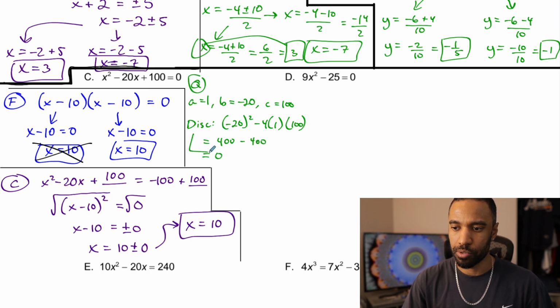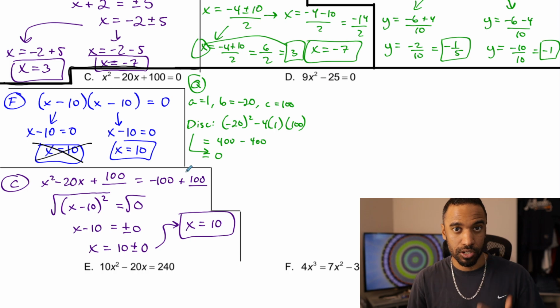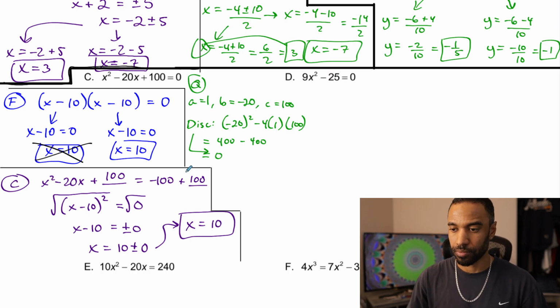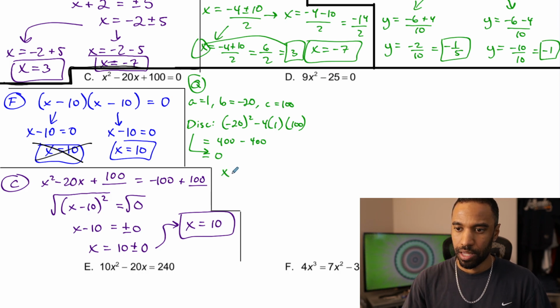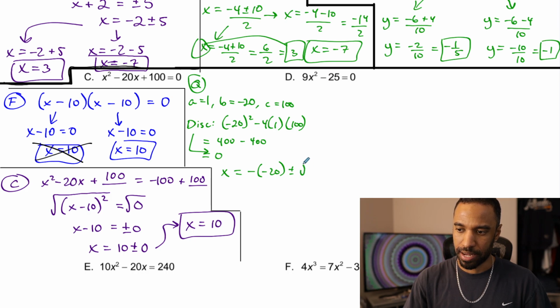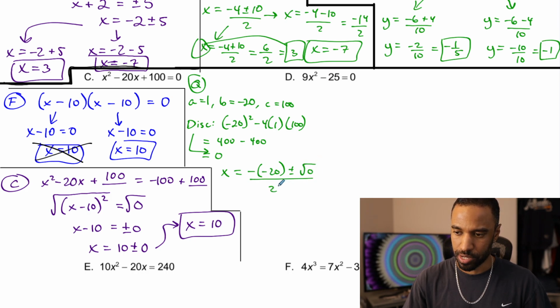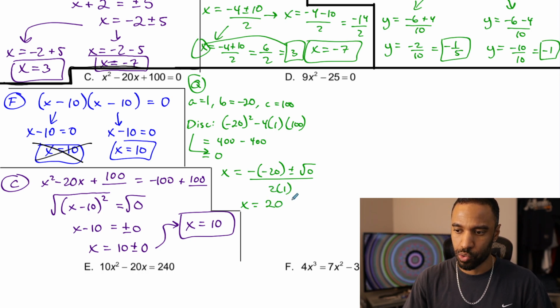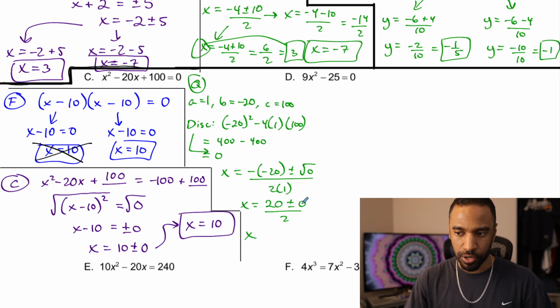This is one of those examples where, remember, when your discriminant is 0, it's one real solution. Let's check it out. X equals opposite of negative 20 plus or minus the square root of 0, all divided by 2 times 1. Opposite of negative 20 is positive 20, so it's 20 plus or minus 0 over 2. So add 0, you still get 20.